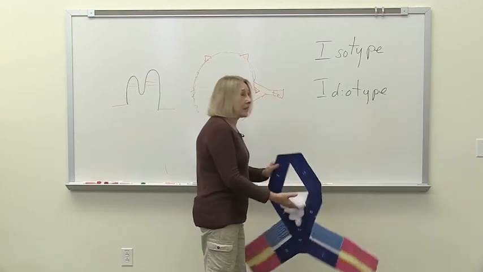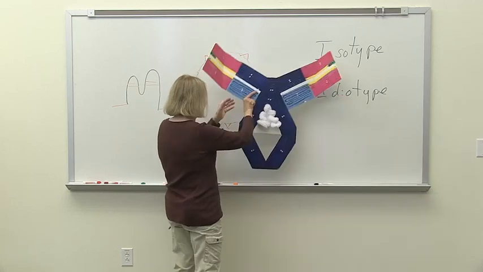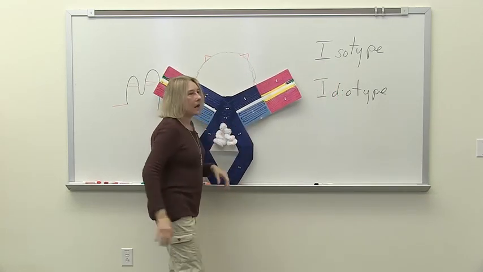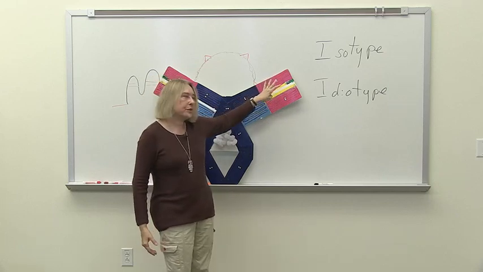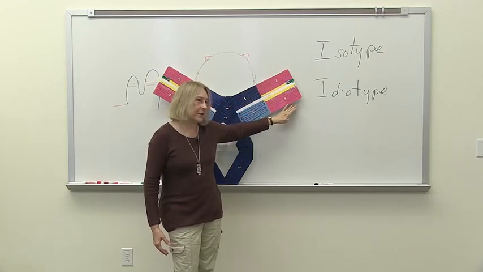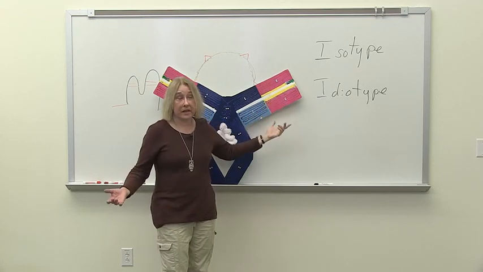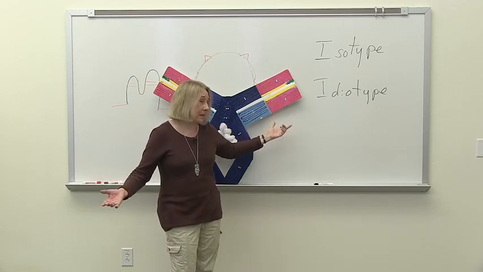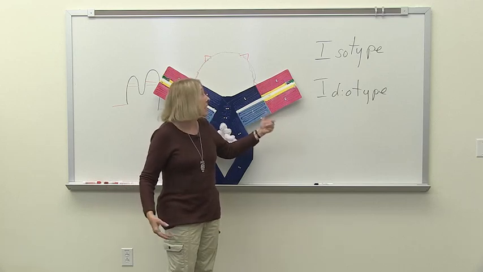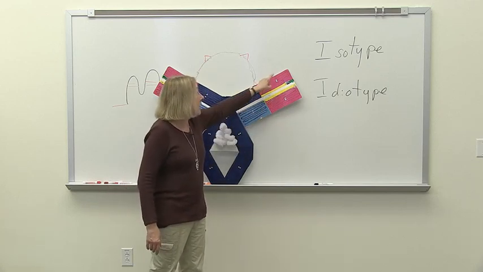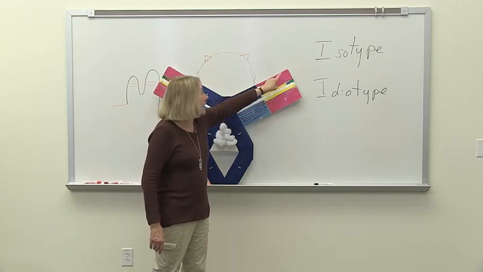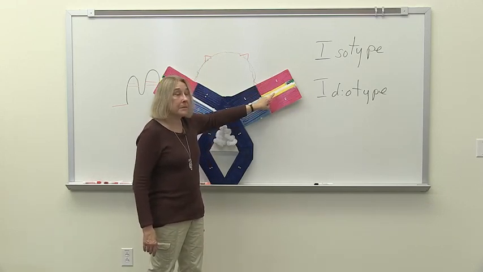If I have an antibody here, I will often have two different classes of antibodies that have exactly the same recognition region. For example, I could start out with a B cell making an M class antibody. If it class switches to a G class, it will still be making the same recognition region, and that means they will have the same idiotype.